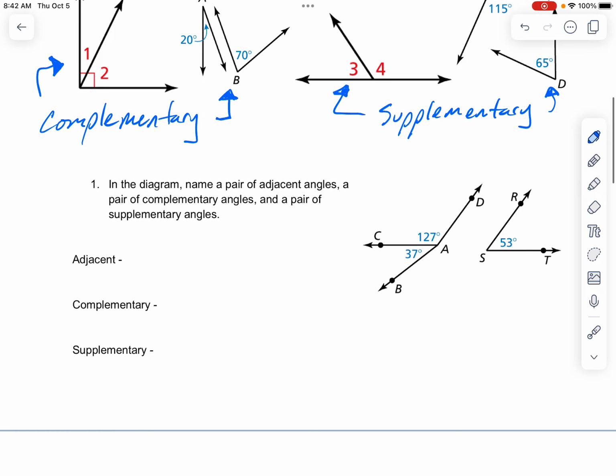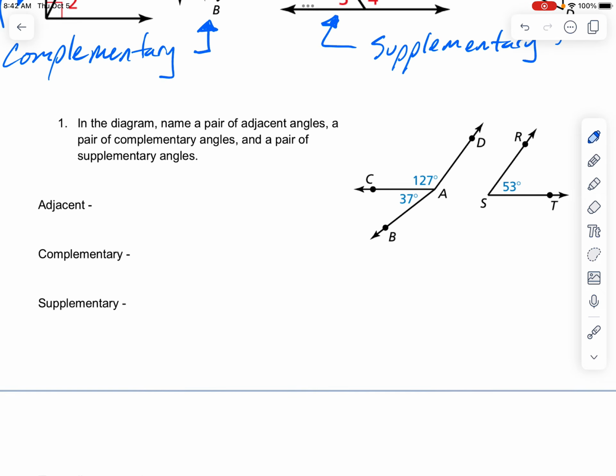So this is an opportunity to try for yourself. So choose, name the appropriate angle pairs using proper notation. So pause and try this by yourself, and then check back. There's only one pair of adjacent angles in this diagram, and that's right here, angles BAC and DAC.